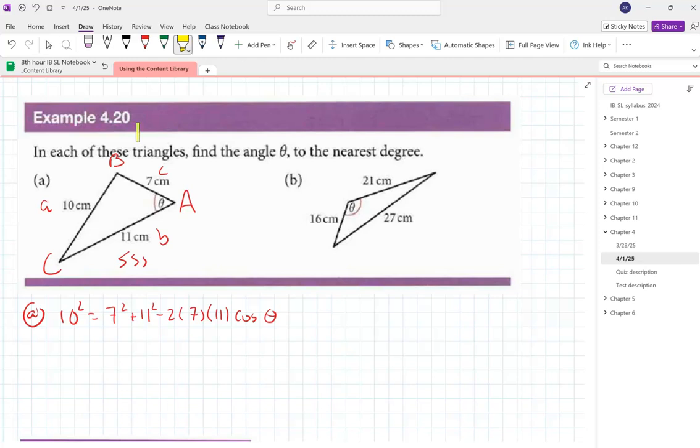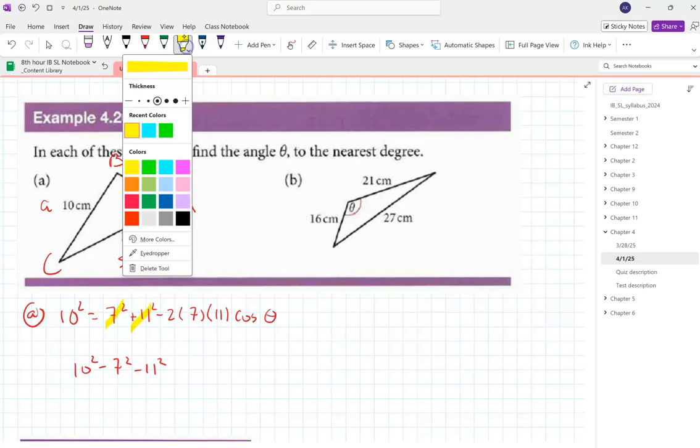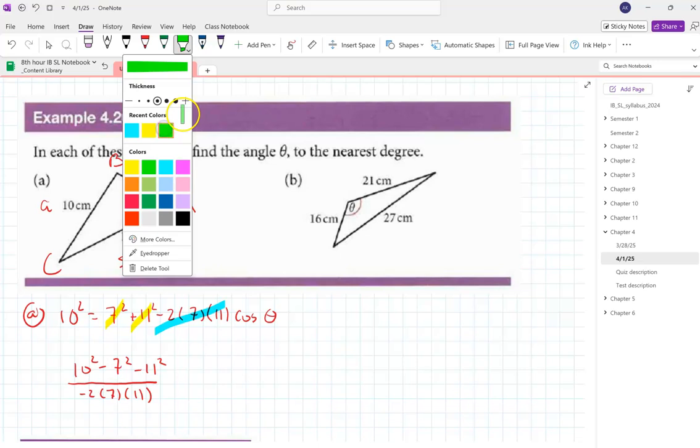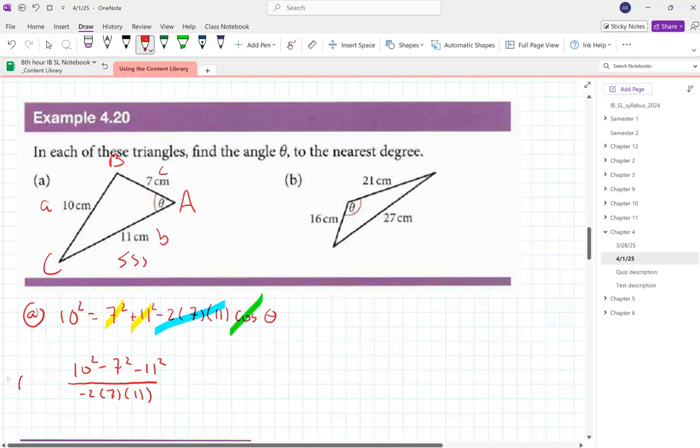All right. So I just have to algebra this to get the theta by itself, right? So subtract 7 squared and 11 squared from both sides. And then we'll divide by the leading coefficient, negative 2 times 7 times 11. And then we'll do cosine inverse of both sides.